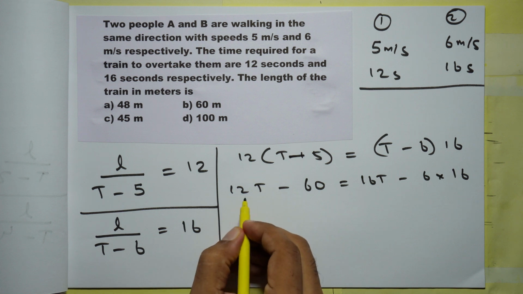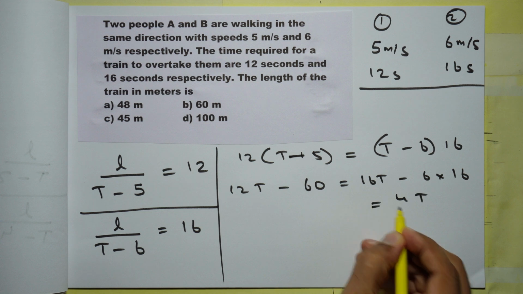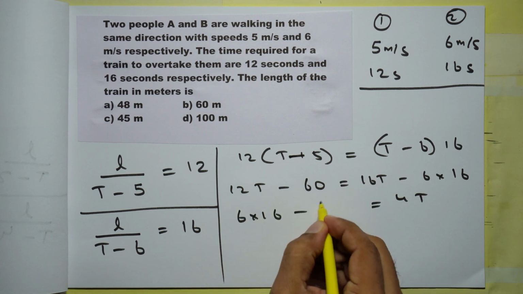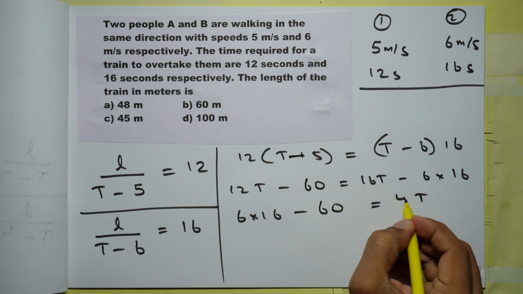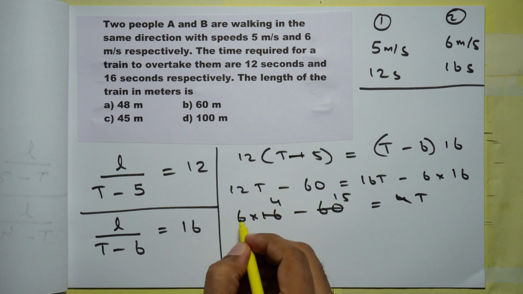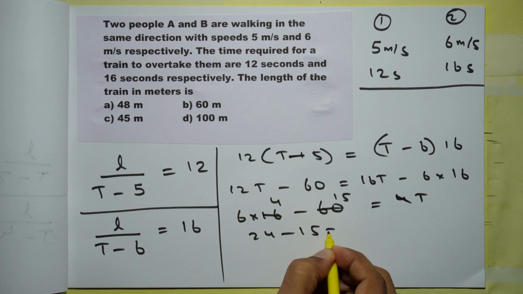So we'll just find out the value of t. I'll just bring 12t to this side. So you'll get 4t is equal to 6 into 16 minus the 60. I'll cancel 4 here. Here it divides 15 times. Here it divides 4 times. So 6 into 4, 24 minus 15.